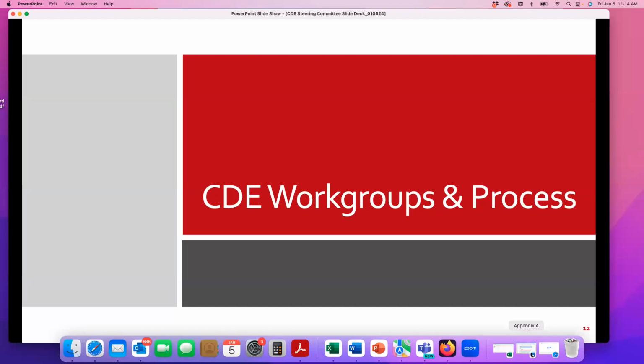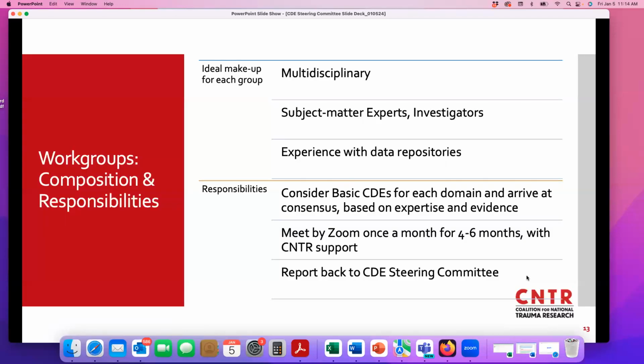So the next set of slides goes over the CDE work groups and the process. If you'll remember, we talked with all of you and got recommendations from members here on this committee for additional participants to help us with the work groups.